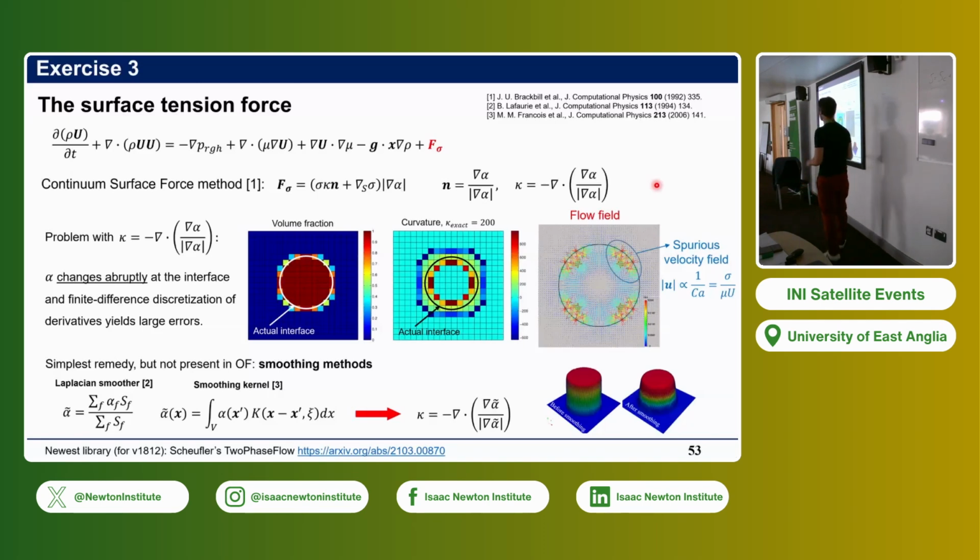But if you use OpenFOAM or ANSYS Fluent out of the box, you see all these mad velocities being created, which are very large, of meter per second magnitude. This is happening because of all these errors in the curvature.